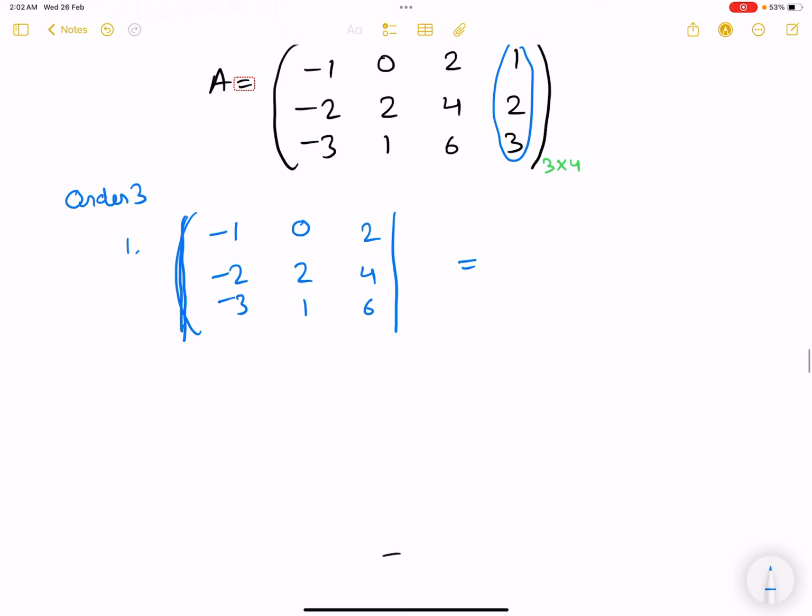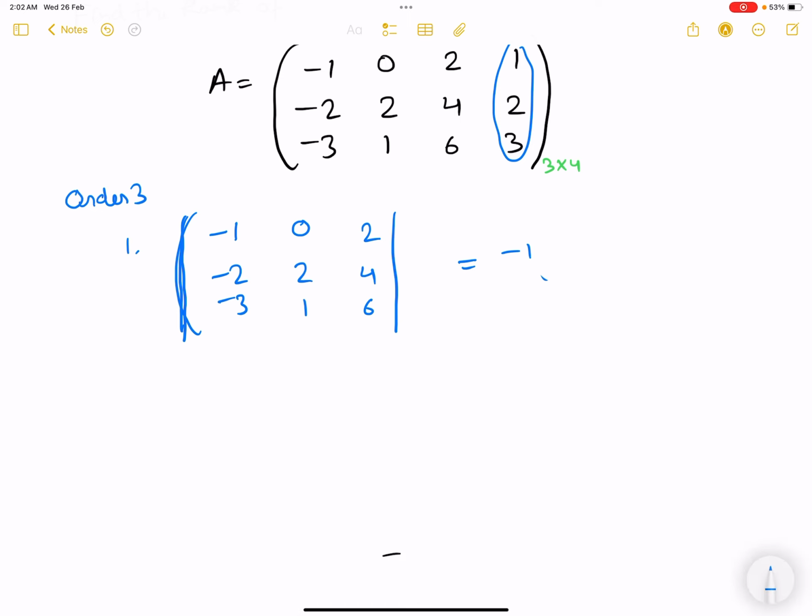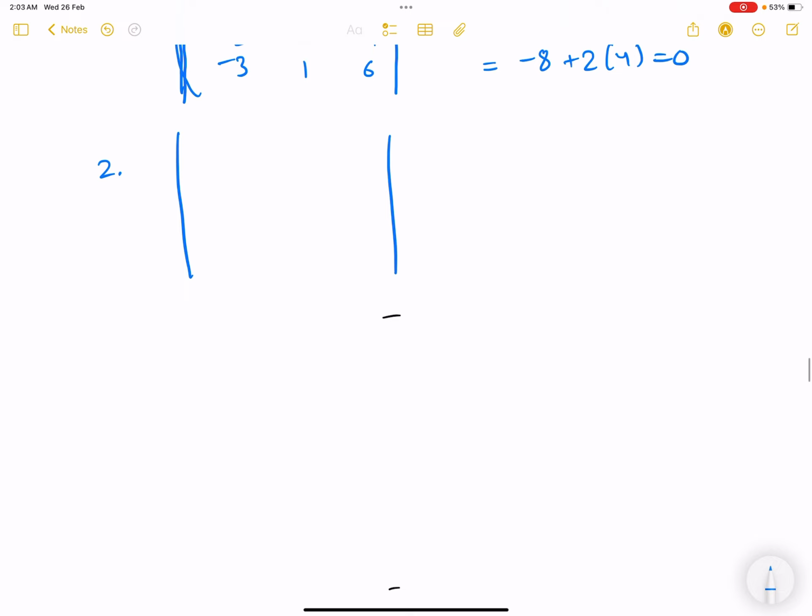So this is -1 into 12 minus 4 plus 2 into -2 plus 6. So this is -8 plus 2 into 4, which is 0. Firstly, we'll write all the 3 cross 3 minors.